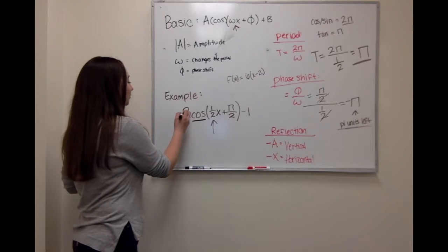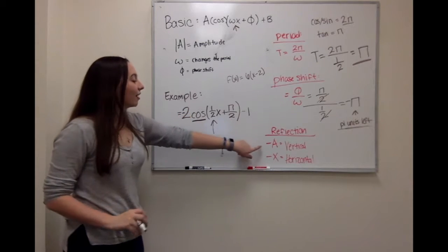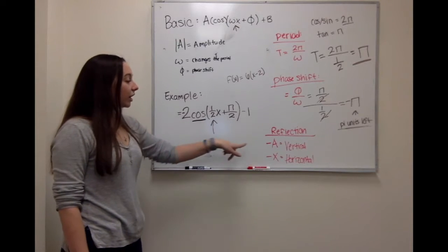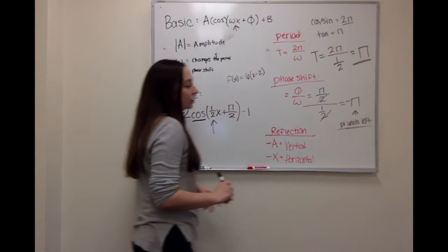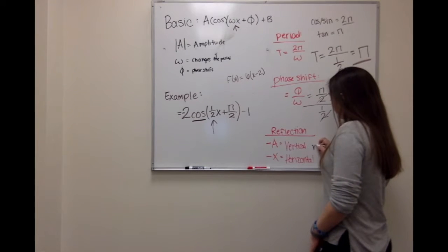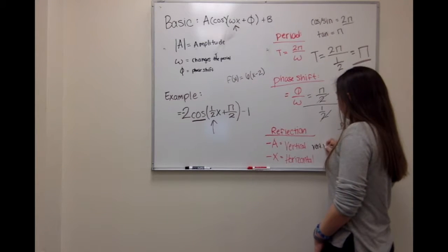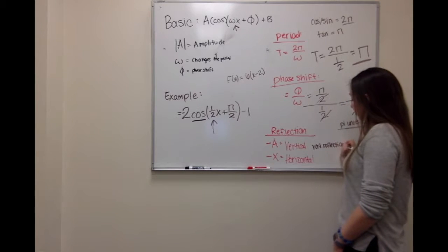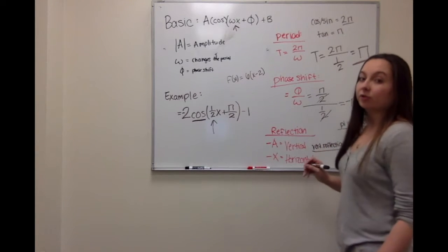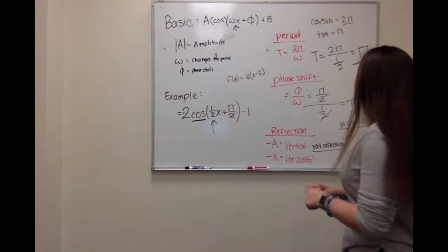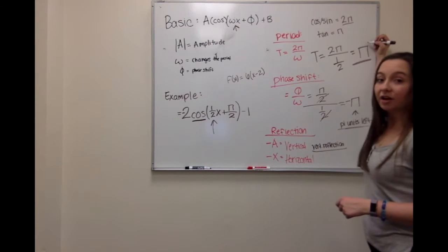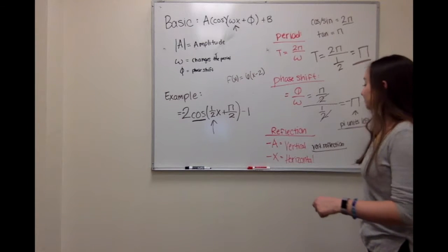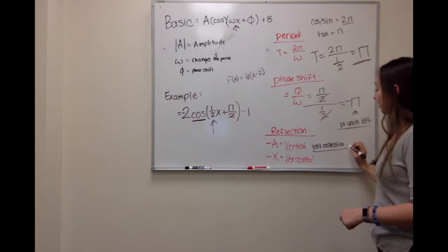So, for this scenario, our negative is in front of the A, so we're going to have a vertical reflection. So, to go over it again, we have a period of pi, a phase shift of negative pi, and a reflection vertically.